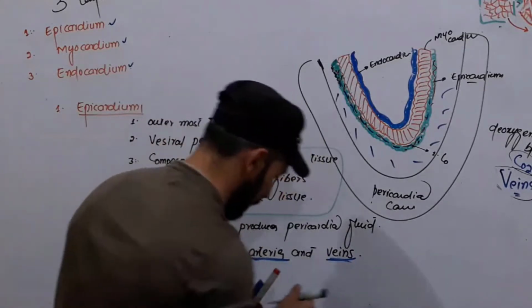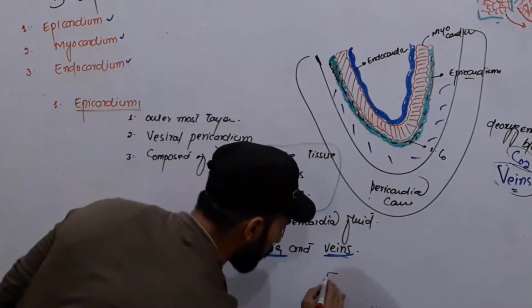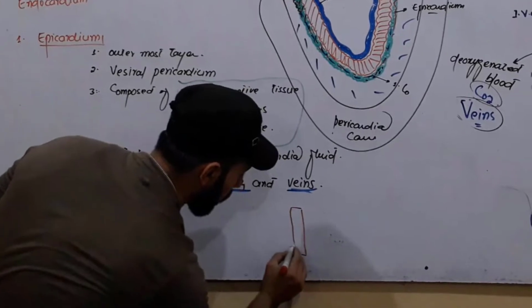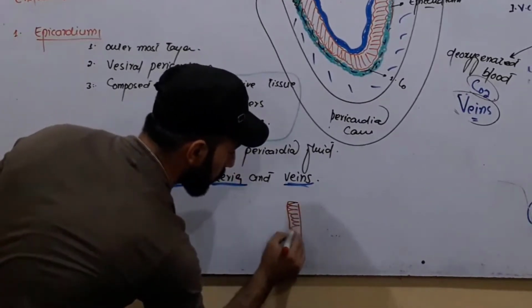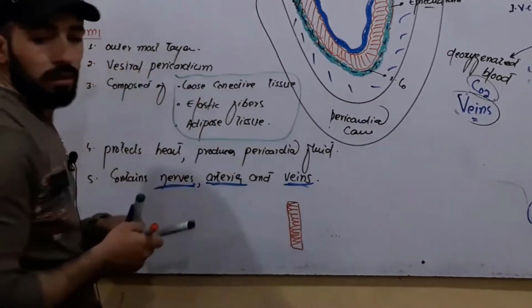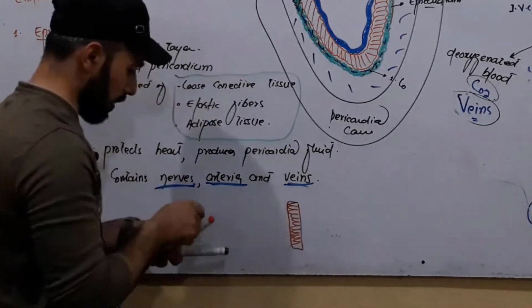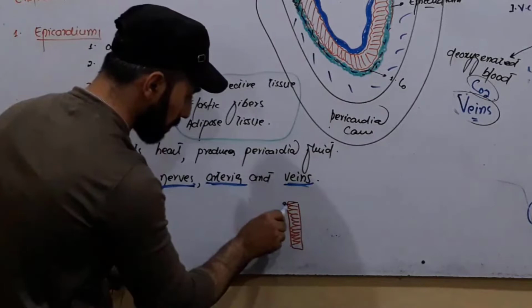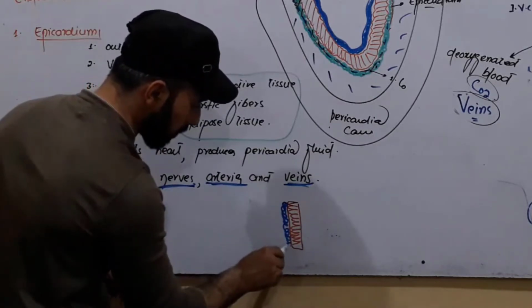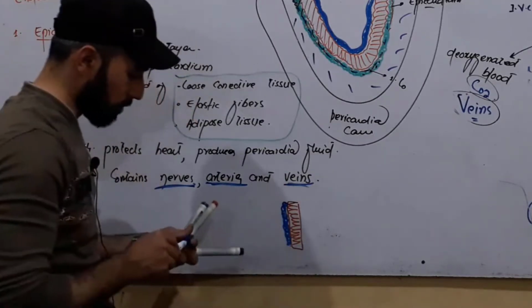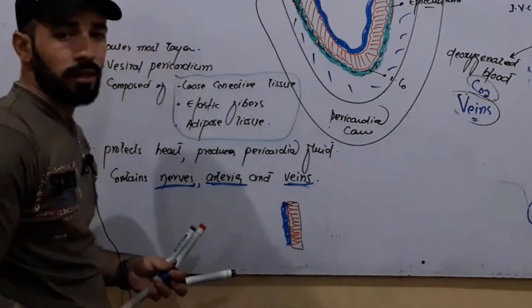For example, friends, if this is our myocardium, this is our myocardial tissue, which is the middle layer. Here is the outer layer and here is the endocardium. This is our endocardium, this is myocardium, and outside will be epicardium.